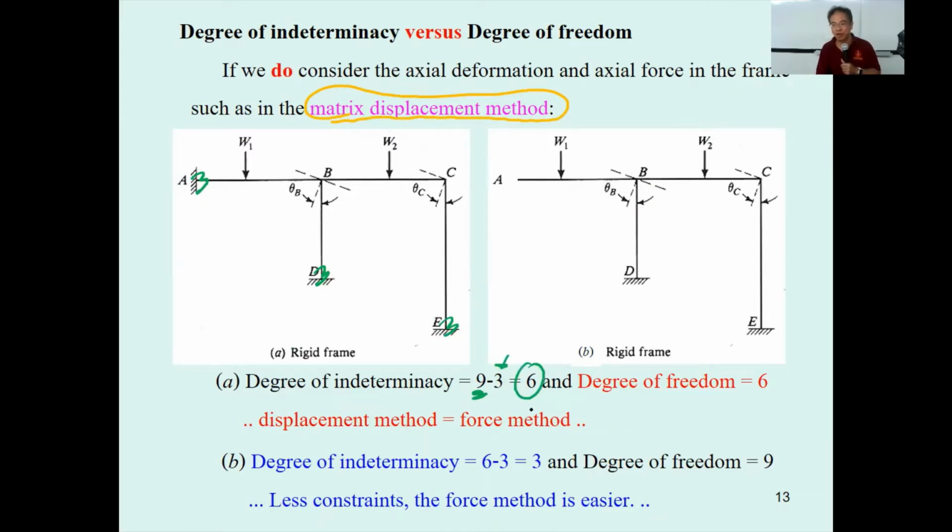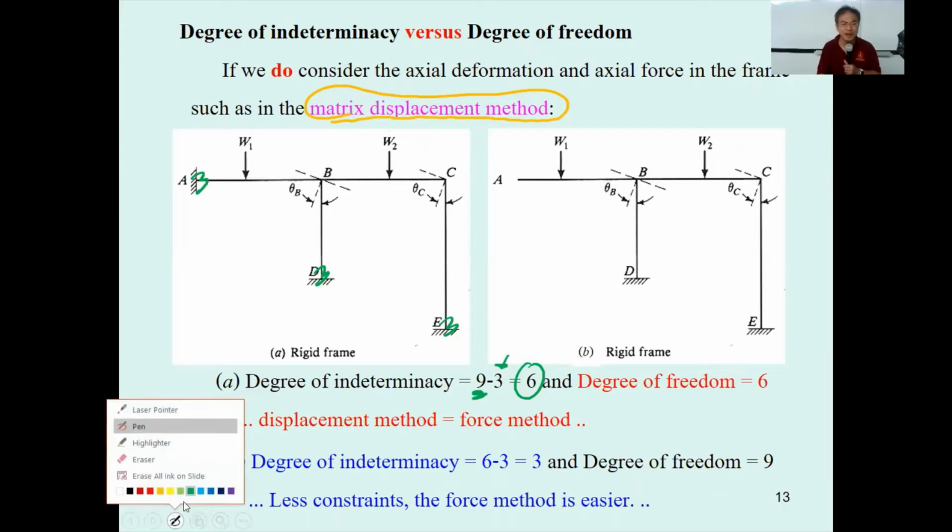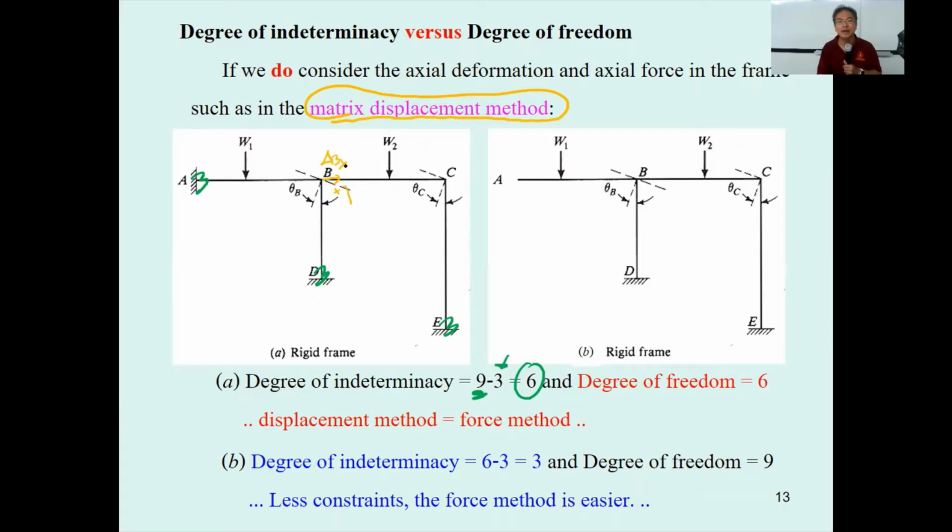So the same as before, you get 6. But since the beam can deform, B under the action of force may move like this. So it can be delta sub Bx, it can be delta sub By. It also has theta sub b. Since the deformation can occur, the same occurs at C. That means you're going to have 6.